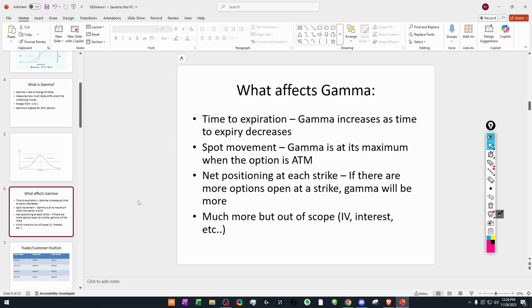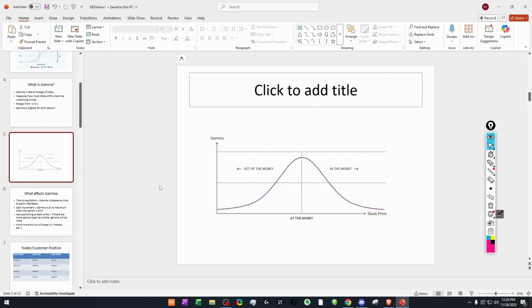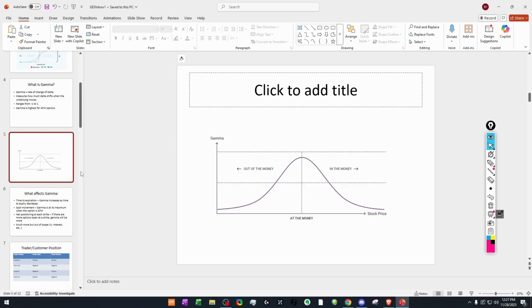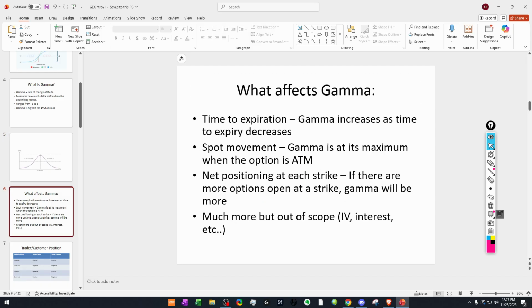Next thing is spot movement. Like this chart is showing here, gamma is at its maximum when the option is at the money. So no matter what it is, if we're trading at the strike price, gamma is going to be the highest. And then net positioning at each strike. If there's more options open at that strike, gamma will be more.